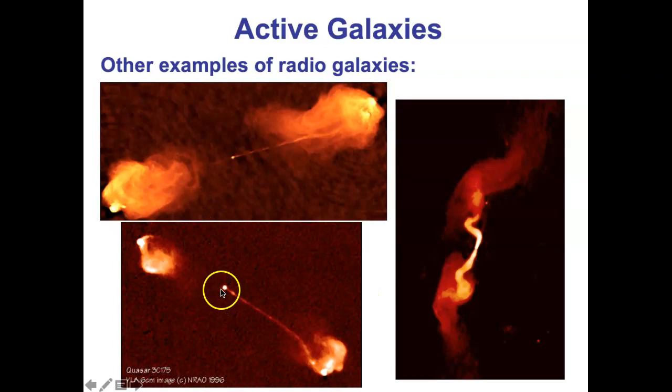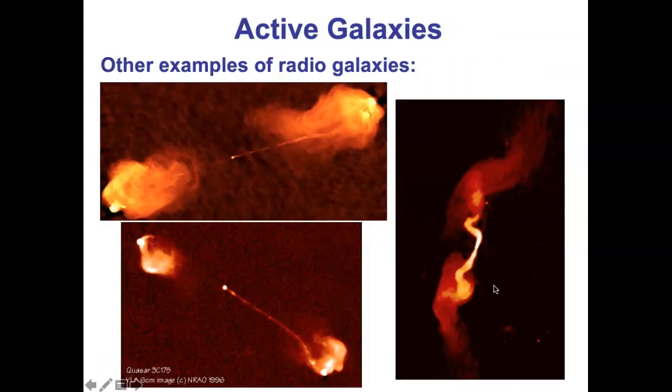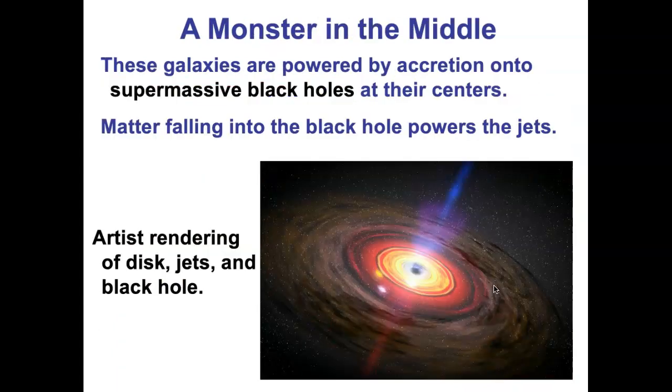These are pictures in the radio spectrum, but you also get a lot of X-ray emission from these accretion disks. So all of these hot spots there. You can kind of see it there, although it's hard to see when it's superimposed on all the visible light too.